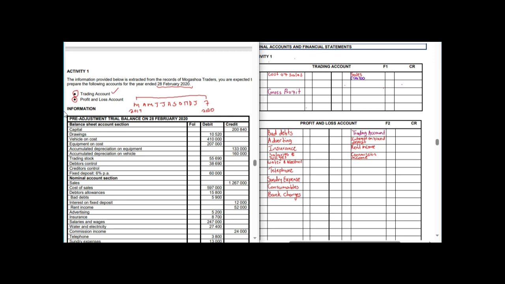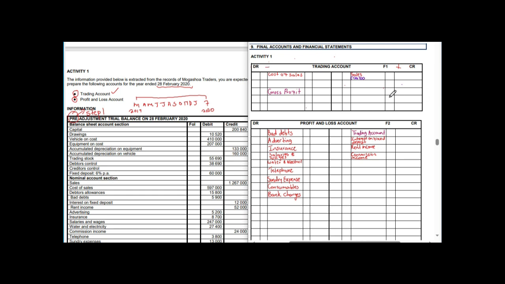As you know, our first step is the pre-adjustment trial balance. That is step 1. Whenever we do a trading account, this is the structure: we have the debit as well as the credit side. The credit side under the trading account is shown by a positive sign, while the debit side is shown by a negative sign.